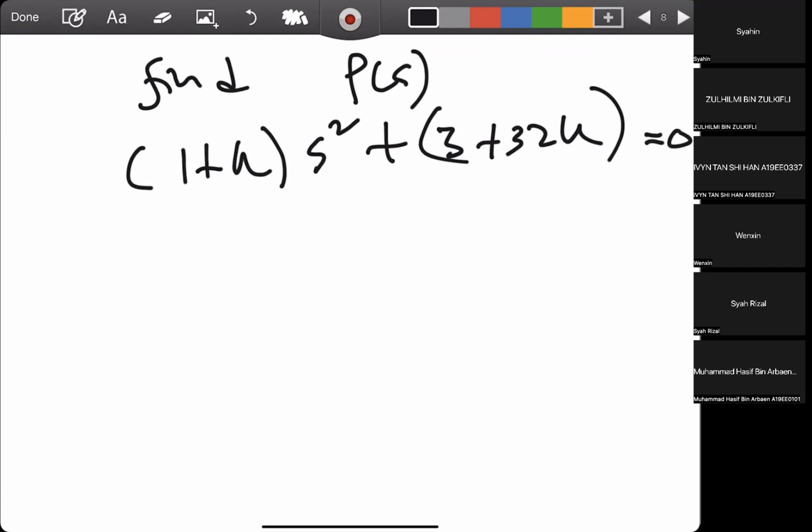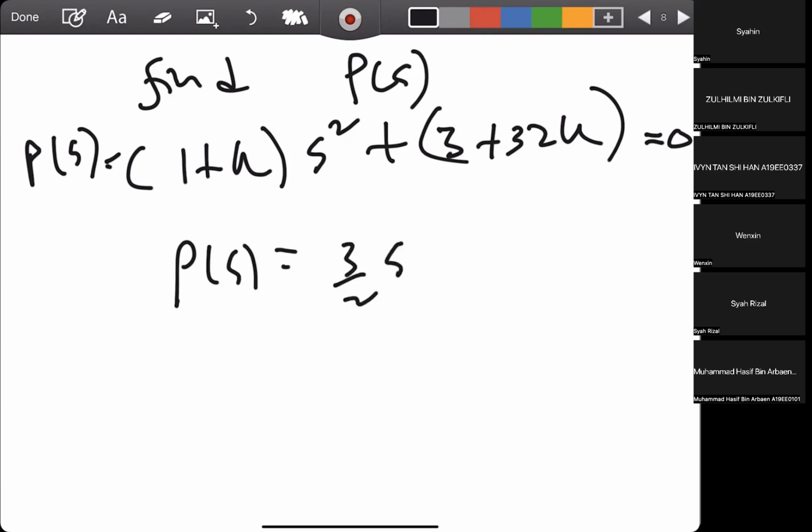Simplified, P(s) is equal to 3 over 2 s squared plus 19, which is equal to 0.